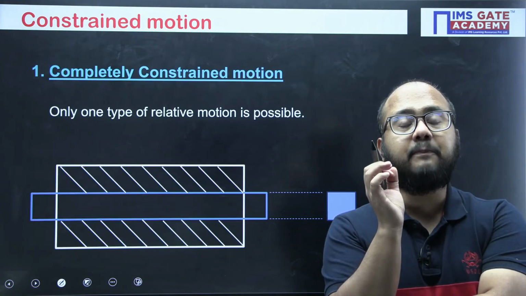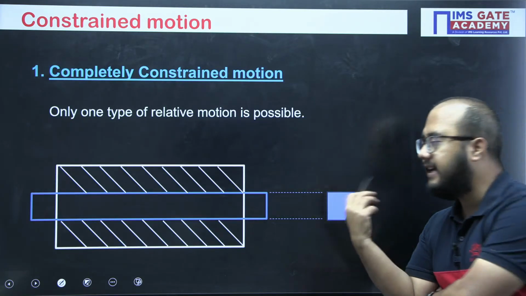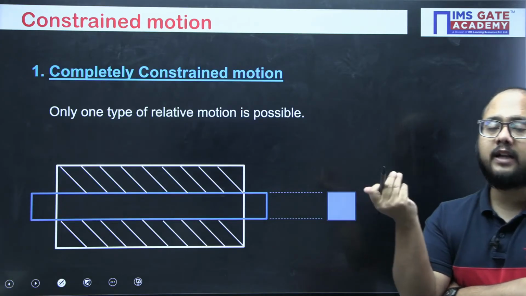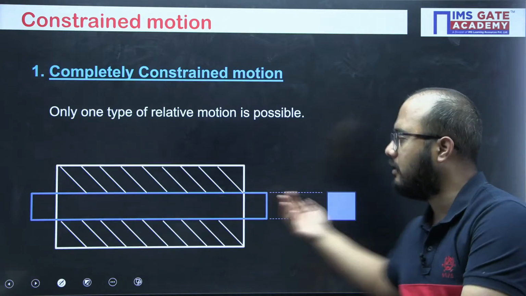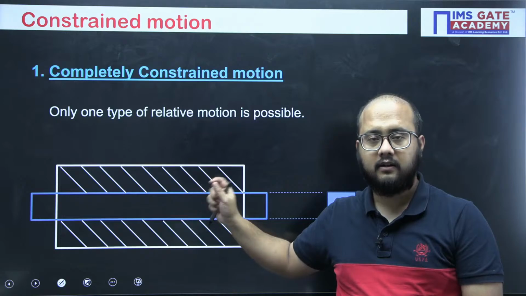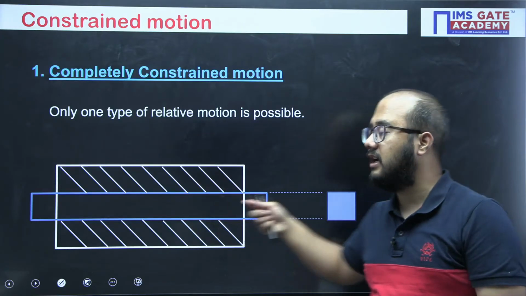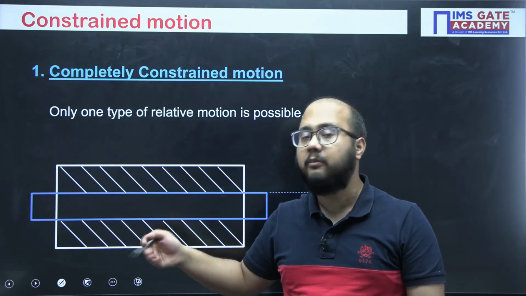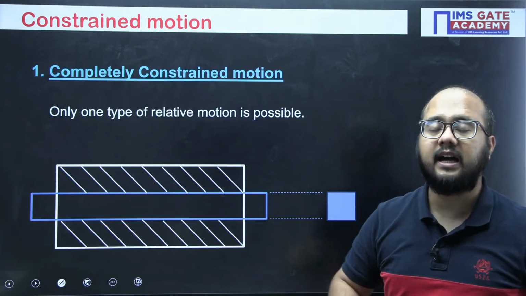It will only perform a motion of sliding. Only sliding motion is possible here. It cannot rotate. Obviously it cannot rotate because this bar, having a rectangular cross section, is inserted in a rectangular hole. It cannot perform rotation. The only motion it can have is sliding.